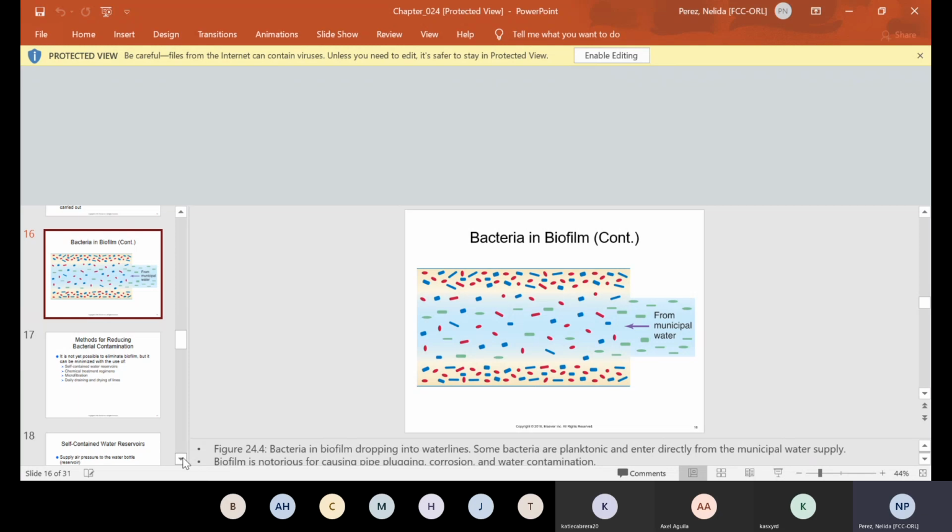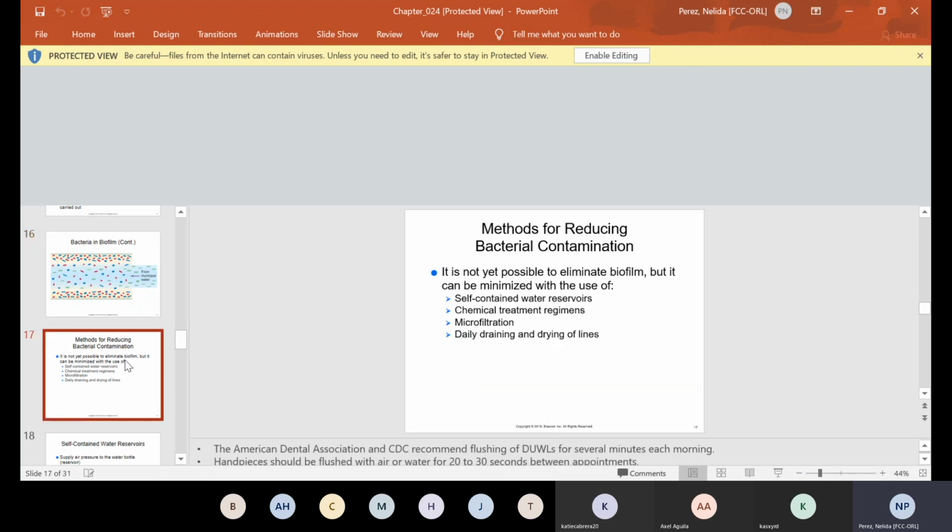But you don't want to leave the eye wash station without at least turning it on once daily or every couple of days to make sure that there's no stagnant water. God forbid you get something into your eye and you go to the eye wash station and you throw water in your eyes. The last thing you need is bacteria in your eyes too. So we always have to keep everything extremely clean.